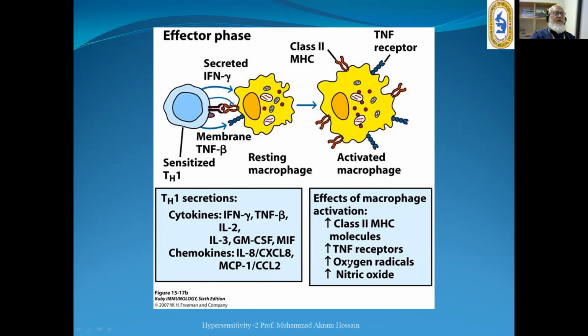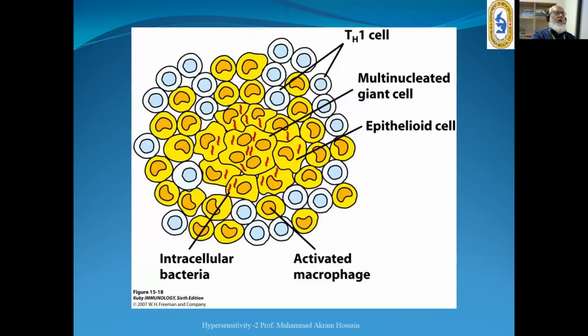These macrophages increase class 2 MHC molecules, TNF receptors, oxygen radicals and nitric oxide. Th1 secretions include gamma interferon, tumor necrosis factor beta, interleukin 2, interleukin 3, GM-CSF, and chemokines, and all this causes this delayed type of contact hypersensitivity and the classical formation of tubercle.